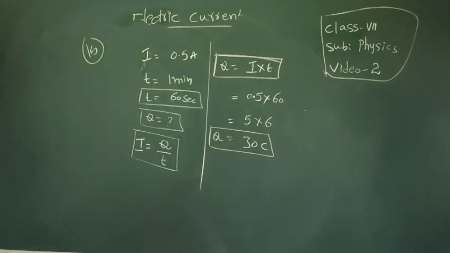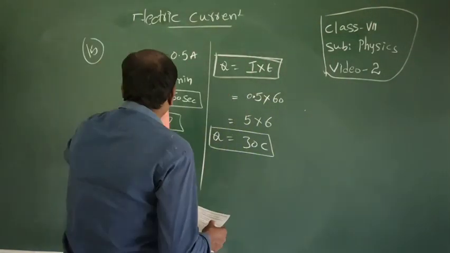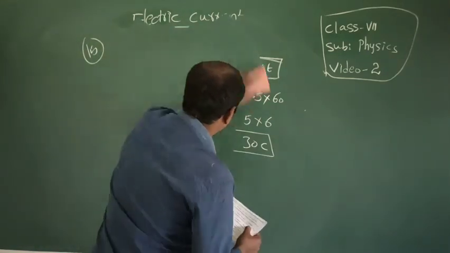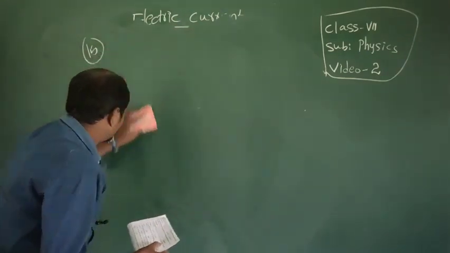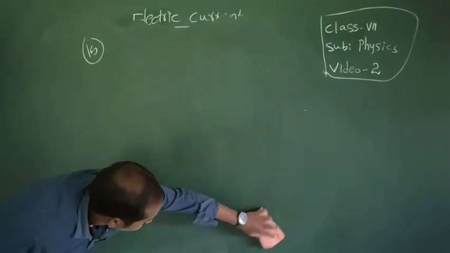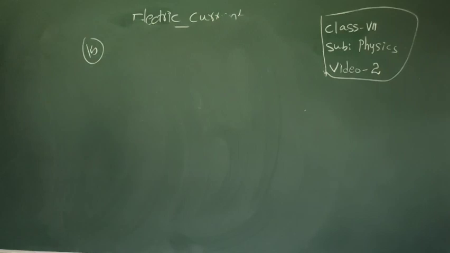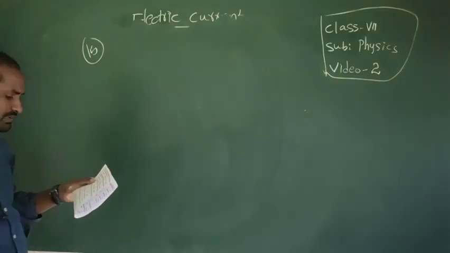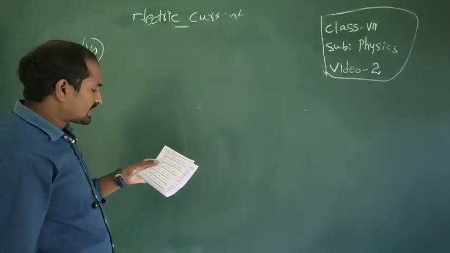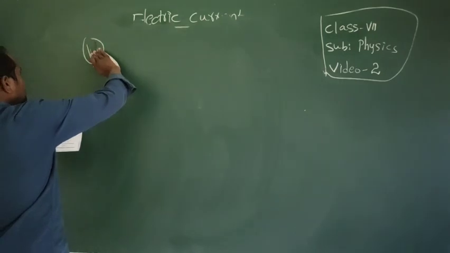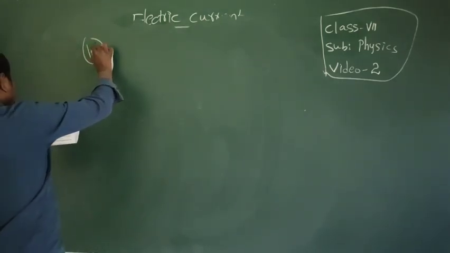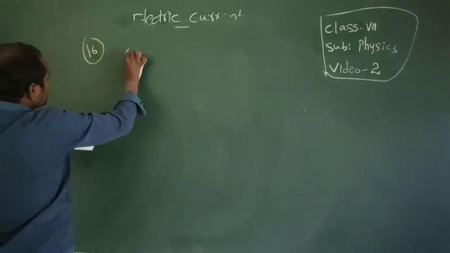Next, 16th one. If the charge flowing through a wire is 360 coulombs per minute, then the amount of current in the circuit is? Here charge is given.